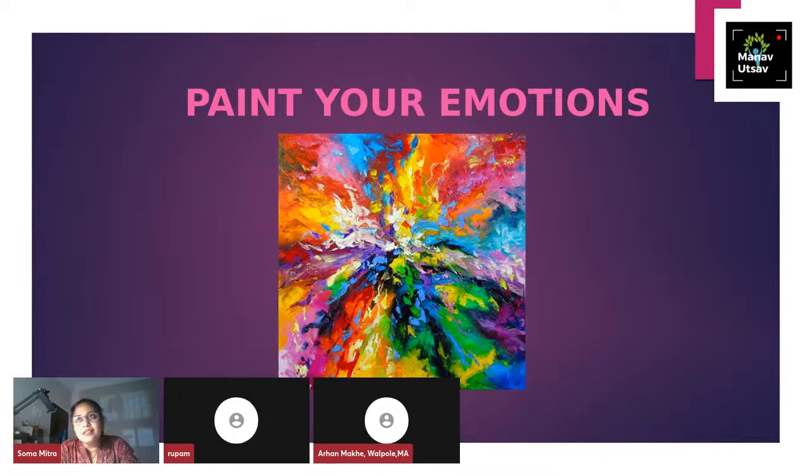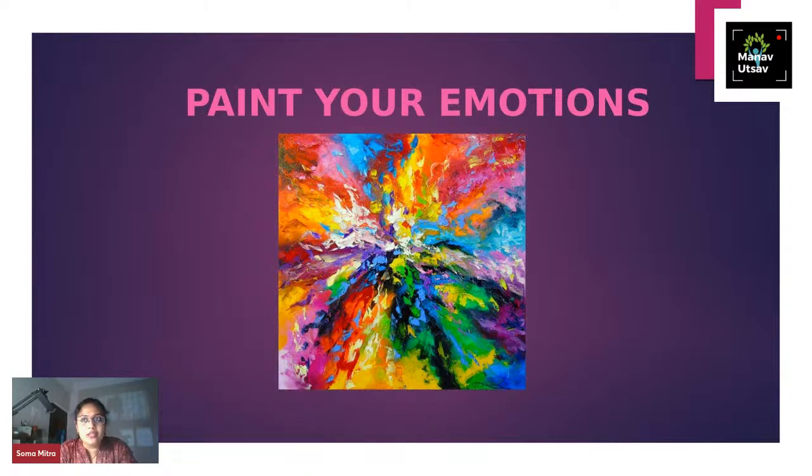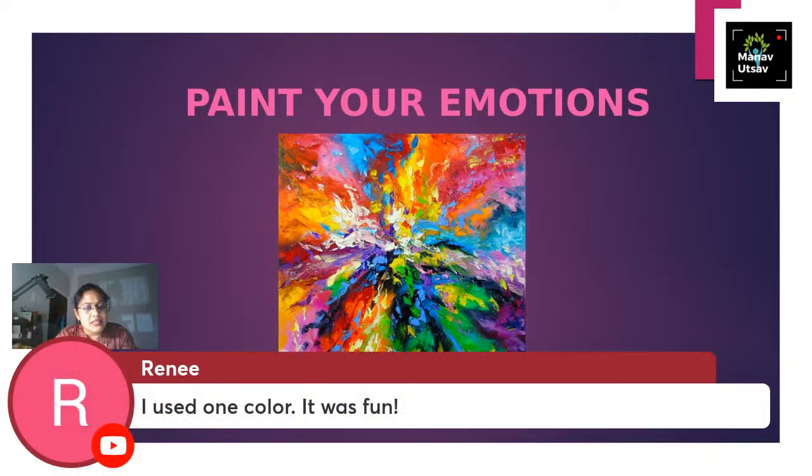See, there are certain emotions we know, like happiness, joy, love, all these things we can express. But there are certain emotions like fear, maybe jealousy to some extent, anger. See, there is a little bit of all these things in us.